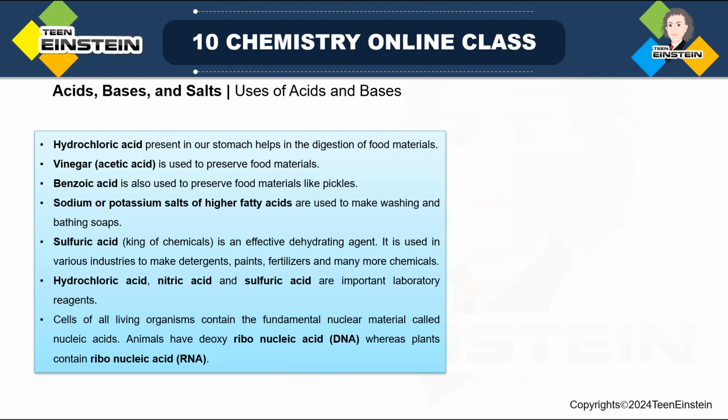Now, uses of acids and bases. First, you will see the uses of acids. Here you can see the names of some common acids that we have discussed in bold.